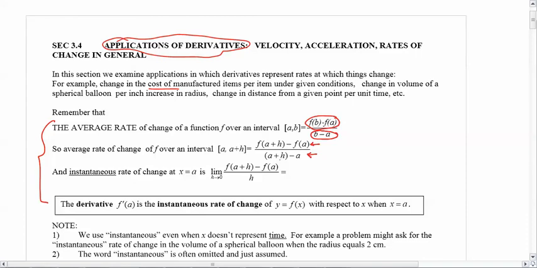And of course, in the denominator, you just get h. And then the instantaneous rate of change at a particular x value is given by the limiting case as h goes to 0. We've done all this, and we've met the idea that we call the instantaneous rate of change the derivative.